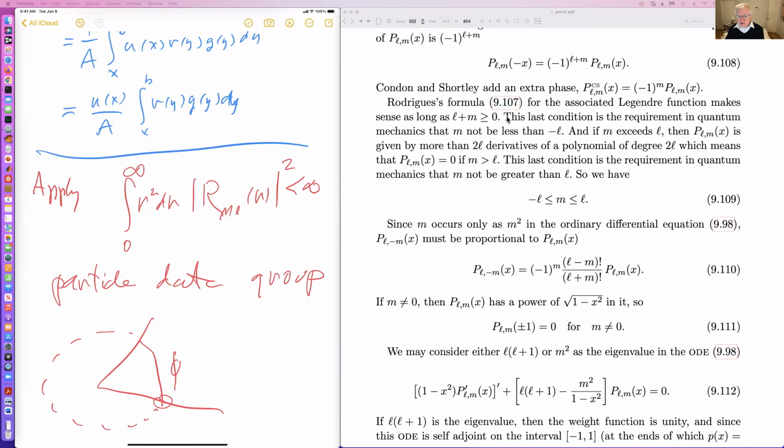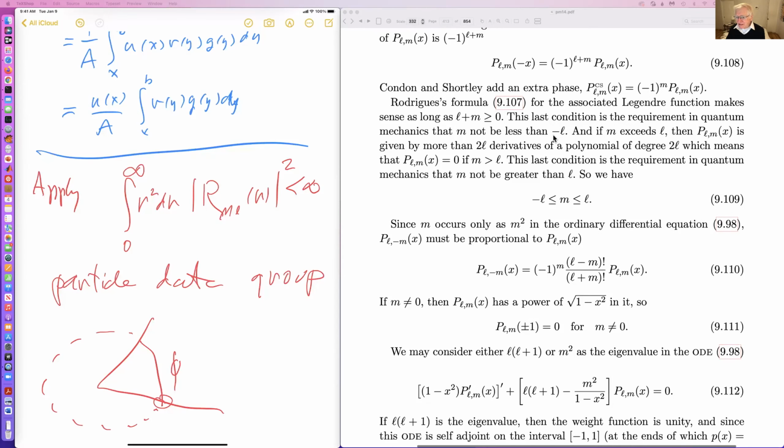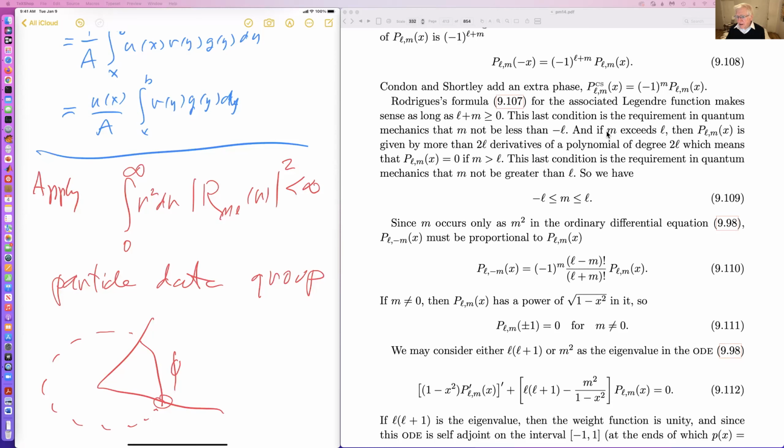So as I said, Rodrigues' formula makes sense as long as L plus m is non-negative. And this is, in quantum mechanics, the requirement that m not be less than minus L. And also, if m is greater than L, then PLM is given by more than 2L derivatives of a polynomial of degree 2L, so it vanishes.